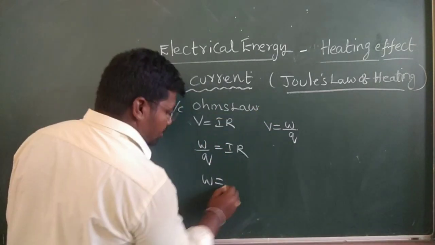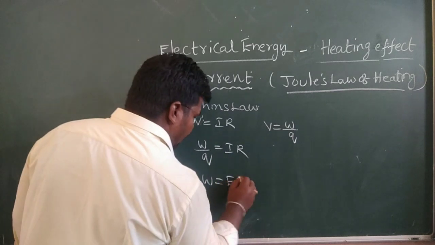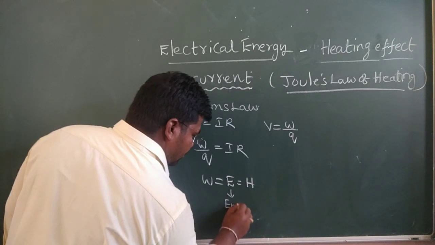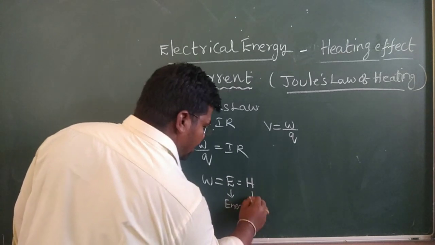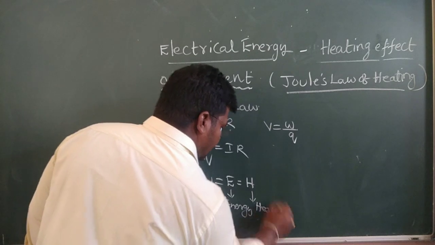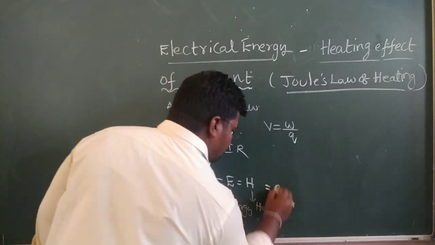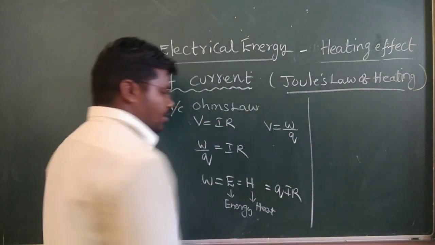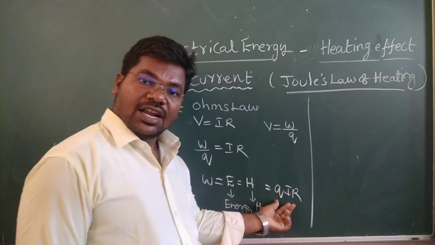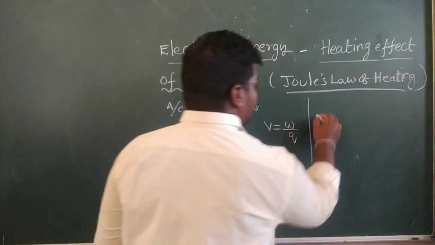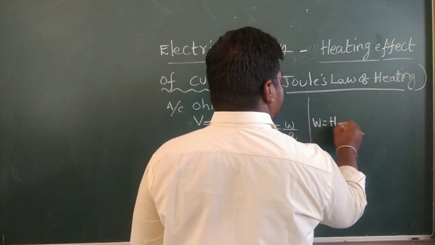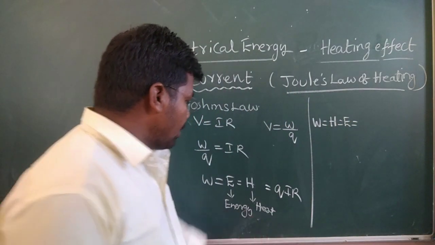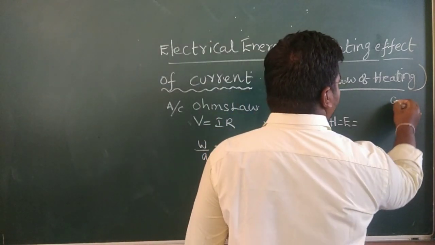So this work done, energy or heat energy, is equal to QIR. So what is Q according to current?